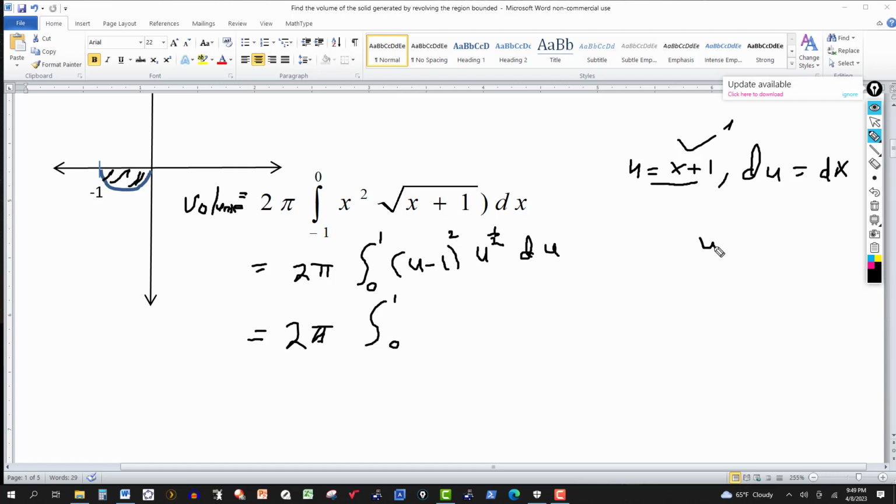This is going to be (u minus 1) squared, which is u squared minus 2u plus 1. Squaring this right here. U squared minus 2u, and then multiply by u to the 1/2. So this will be u to the 1/2 times u squared. This will give me u to the 5/2.